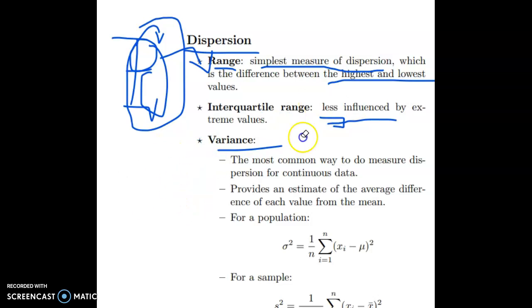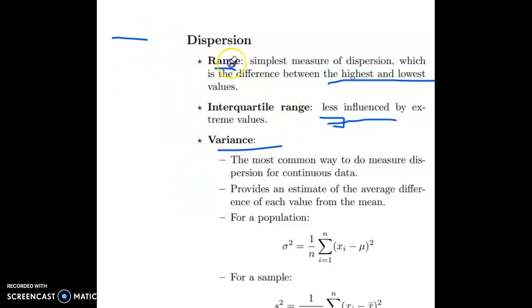Variance is the most common way to measure dispersion for continuous data.